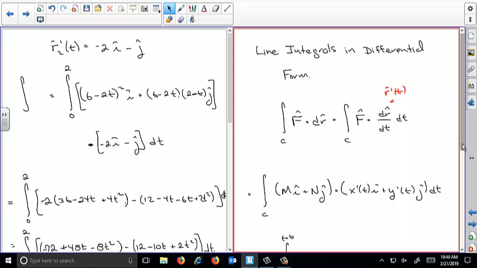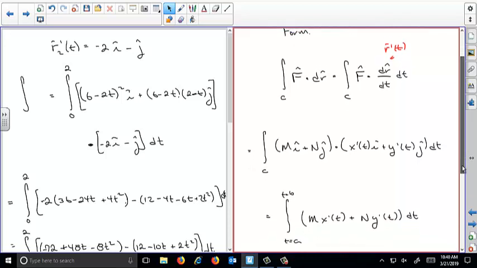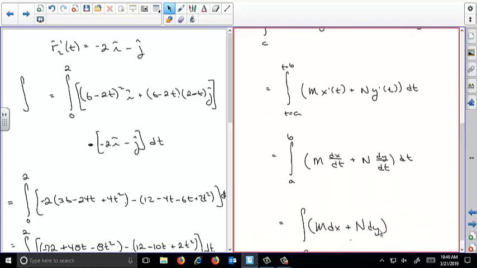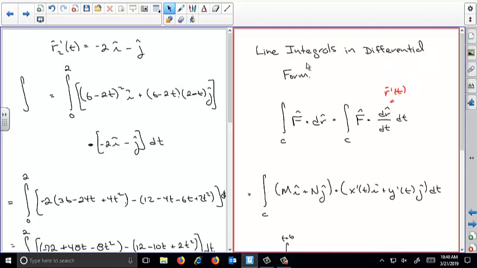And if you then dot this out, you get M times x prime of t and N times y prime of t times dt, and then you convert back ultimately to dx and dy. So x prime of t is dx/dt and y prime of t is dy/dt, but you can see these dt's cancel out and you get this. So this is the same expression except it's in differential form.